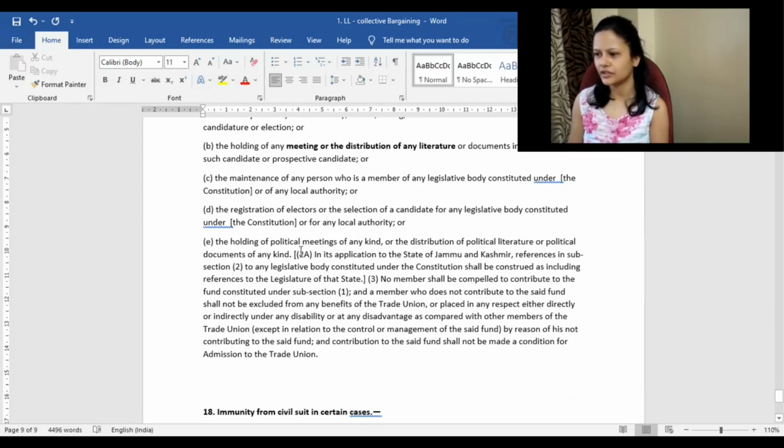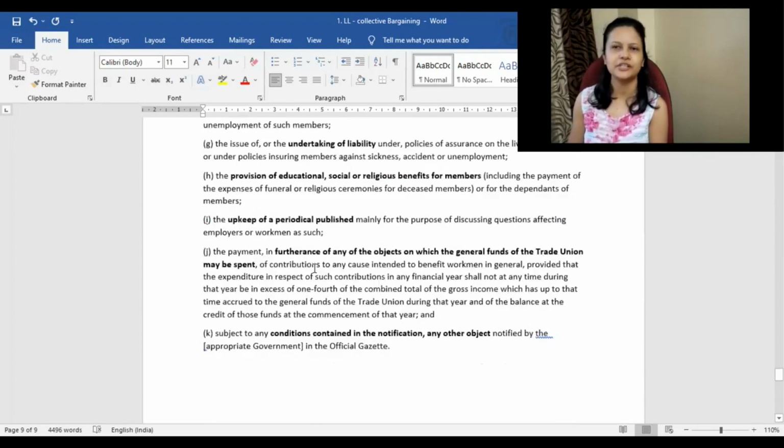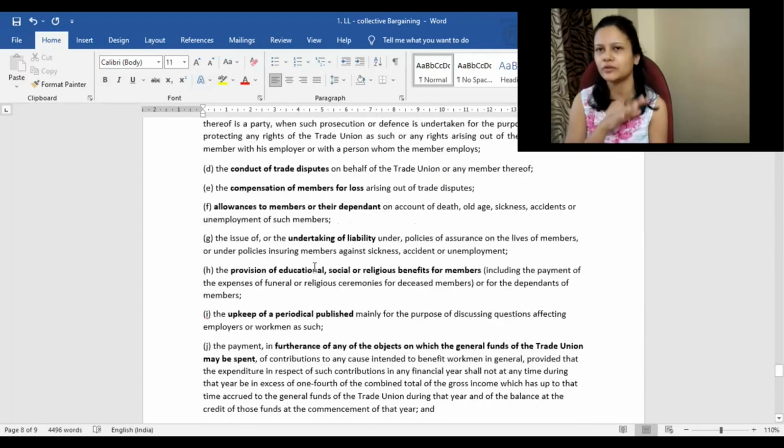Political literature or distribution, holding of meetings, whatever is needed for those. So these are for the general purposes. Otherwise, whatever work the trade union does, everything is almost included here. This is the main function which they would be doing.